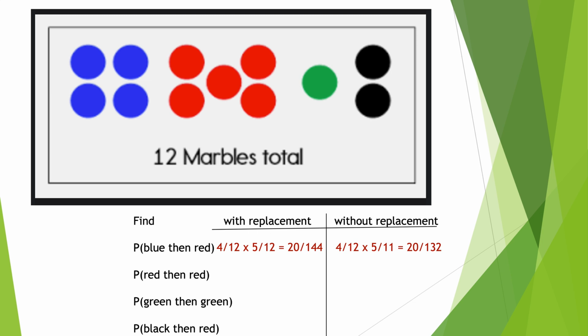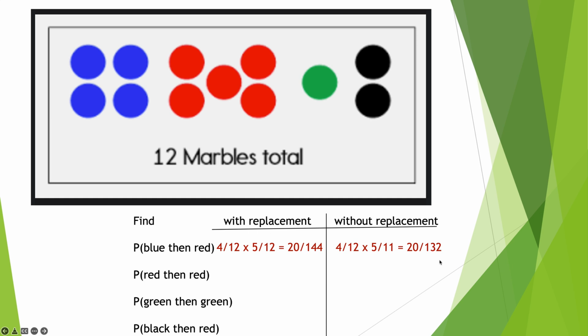The answer, 3. How many marbles are in the bag altogether? The answer, 11. So for a blue one, first, it would be 4 out of 12. Now there's only 11 marbles left in the bag. I didn't ask for blue again. I asked for red. 5 of those 11 are red. Again, 4 times 5 is 20, but 12 times 11 is 132. So the answer is 20 out of 132.